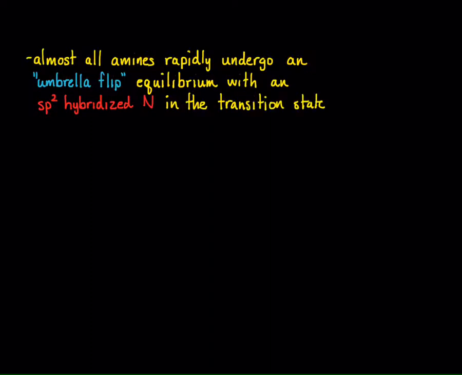Well, let's think about stereochemistry for a moment. If I have an amine where the three substituents coming off of it are different. So here's a nitrogen. It has an ethyl group, a methyl group, and a hydrogen. And then, of course, it has its pair of electrons in an sp3 hybridized orbital.